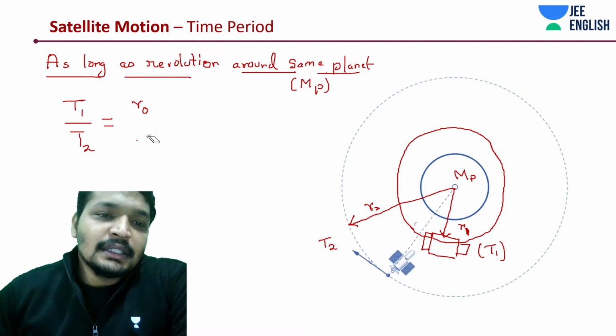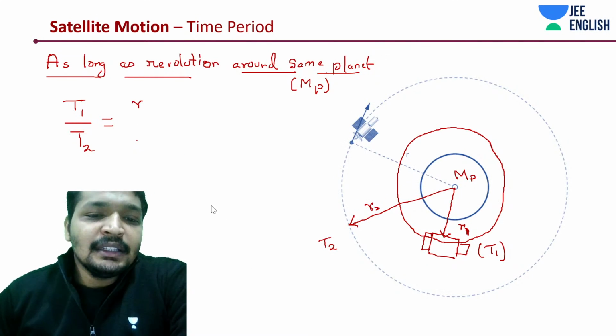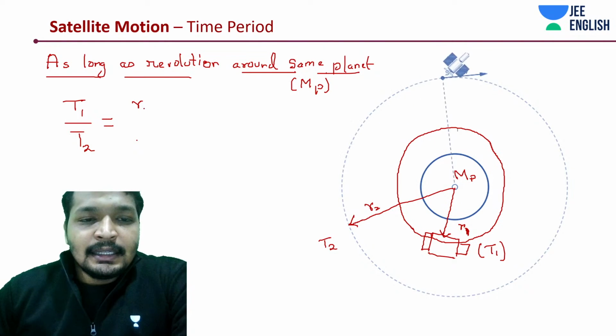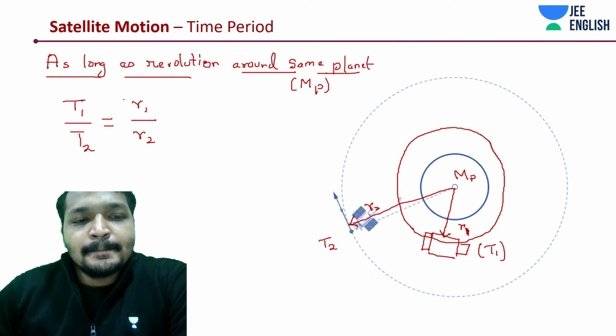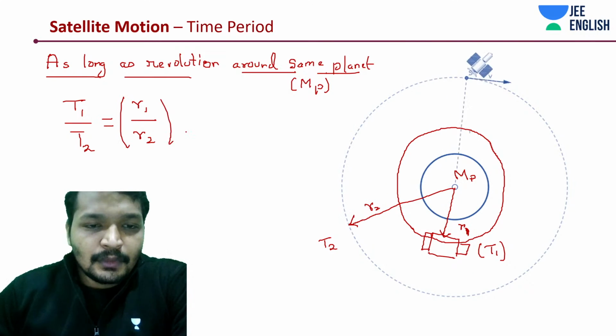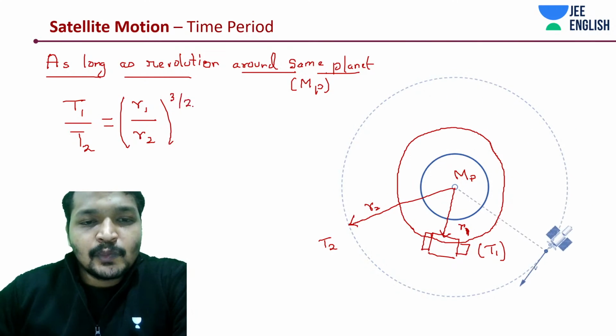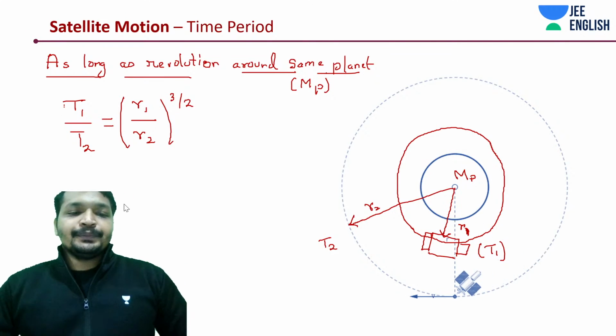That's it, students. It's really that simple. Raised to 3 by 2. That's all you need to know.